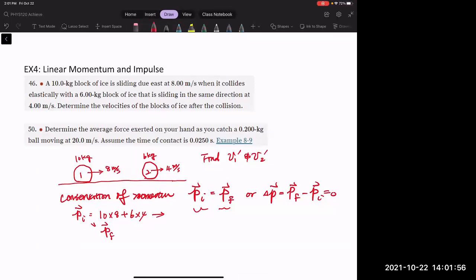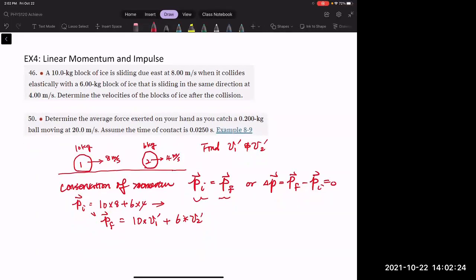But what is the final equal to? Again, the mass is 10 times V1 prime, which I don't know, and also you're going to have the second one, which is 6 kilogram times V2 prime. Now if you look here, I have 10 times 8 plus 6 times 4, that's 80 plus 24, that's 104 in total.